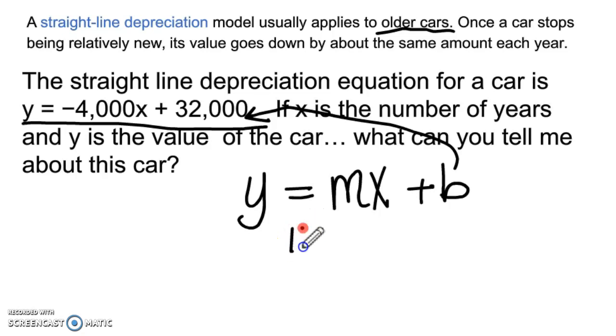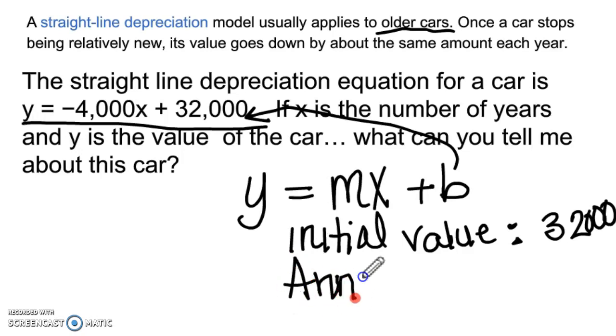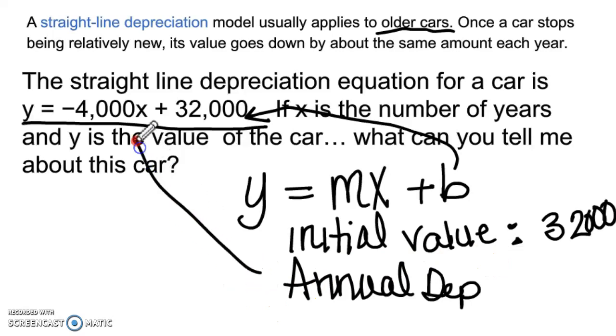So the car was initially worth, whenever it was purchased, $32,000. And the annual depreciation, we get that from the slope. We can see our slope here is negative 4,000. So the annual depreciation is $4,000.